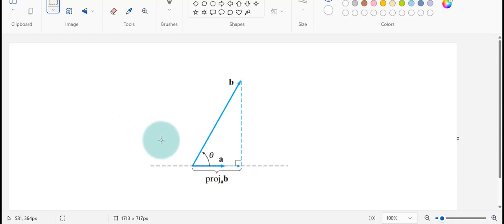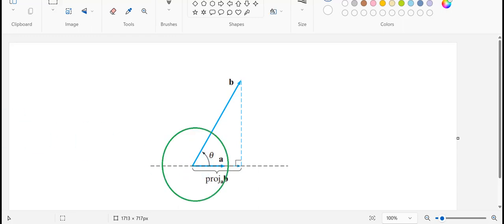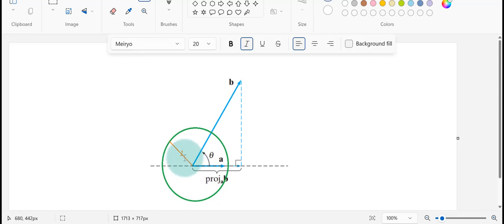Okay, now to get a little more insight into this, let's draw a unit circle with this as the center. Let's suppose that this is a unit circle. In other words, its radius is 1. So if this is a radius, then the length is 1. Let's assume that the angle theta is less than or equal to 90 degrees.